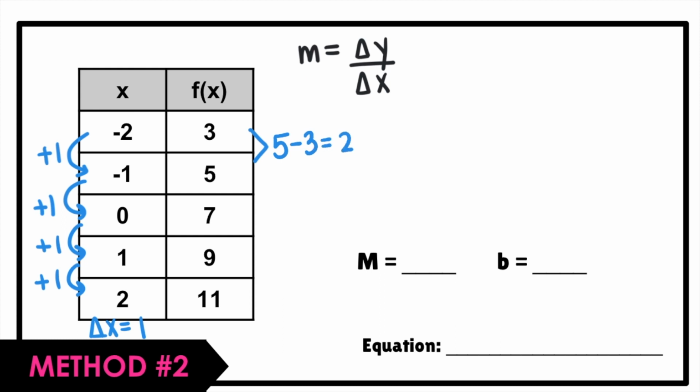And that also will help us determine our change. So we got positive 2. If we look here, 3 plus 2 is 5. 5 plus 2 gives us 7. 7 plus 2 gives us 9. 9 plus 2 gives us 11. So our change in y, or our change in f of x here, is positive 2.